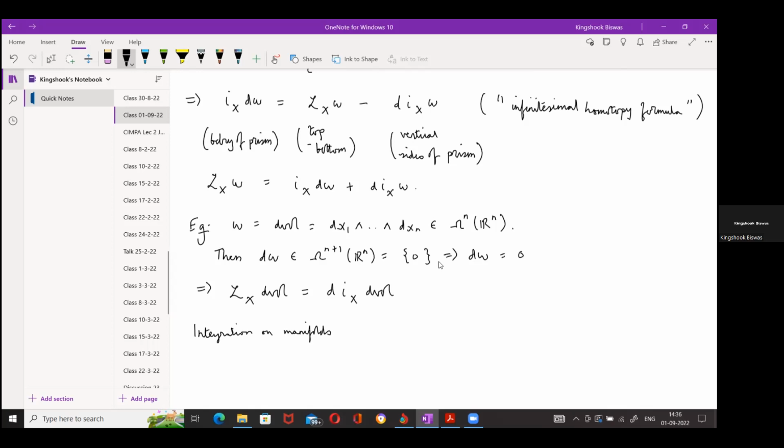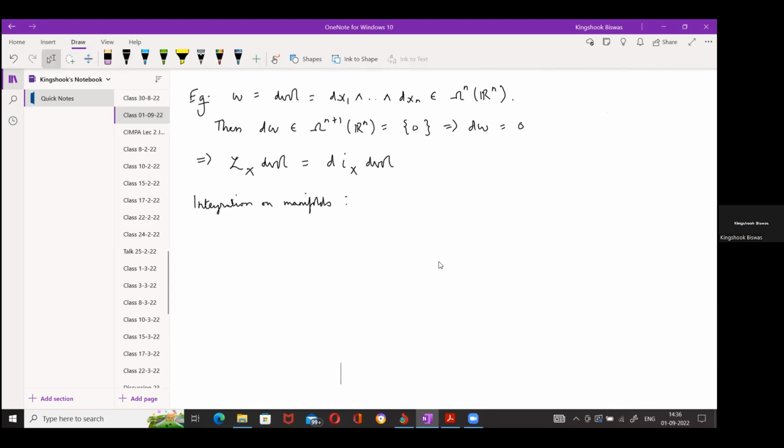In an n-dimensional manifold, one forms you integrate over curves, two forms you integrate over two cubes, which are surfaces in the manifold, and so on. So an n-dimensional form in an n-dimensional manifold, one should imagine we should be able to integrate over the whole manifold, right? So how do we want to integrate?